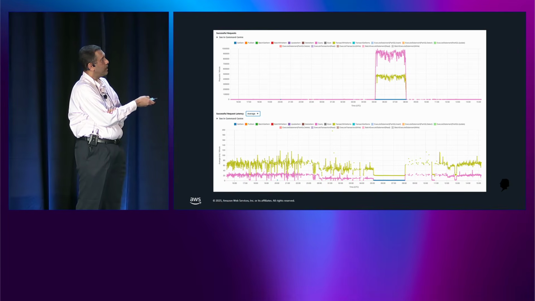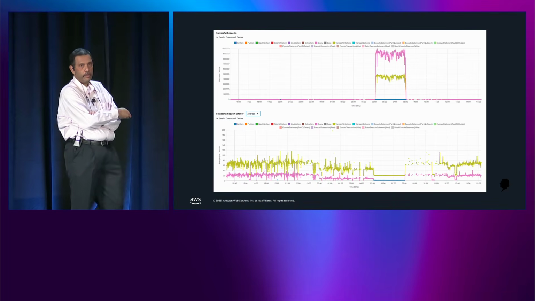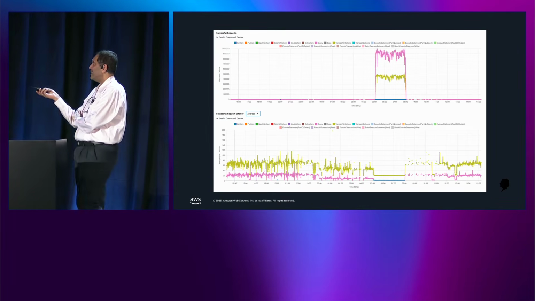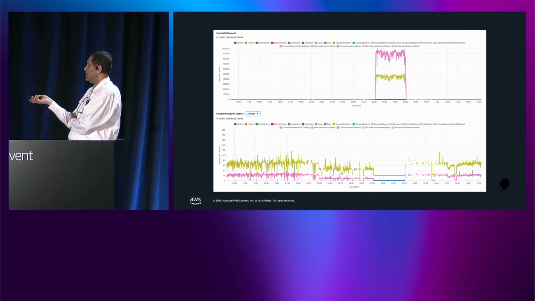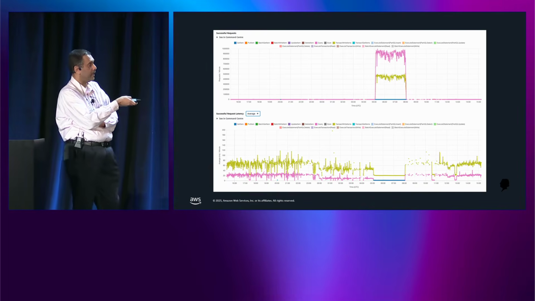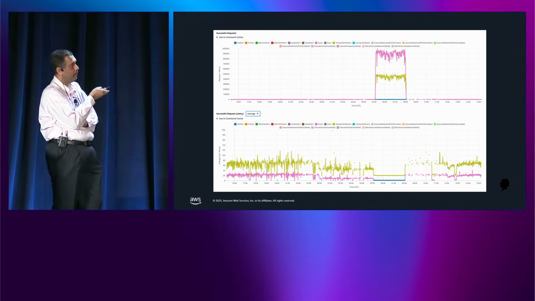When the traffic is low here, their latency is high and variable. And when the traffic is high, the latency is low, very acceptable, but also just a flat line, predictable low latency.